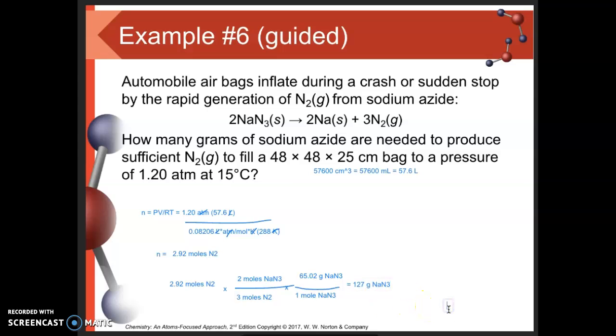So the moral of the story here with regard to the ideal gas law and this particular application in stoichiometry is it's all more of the same.